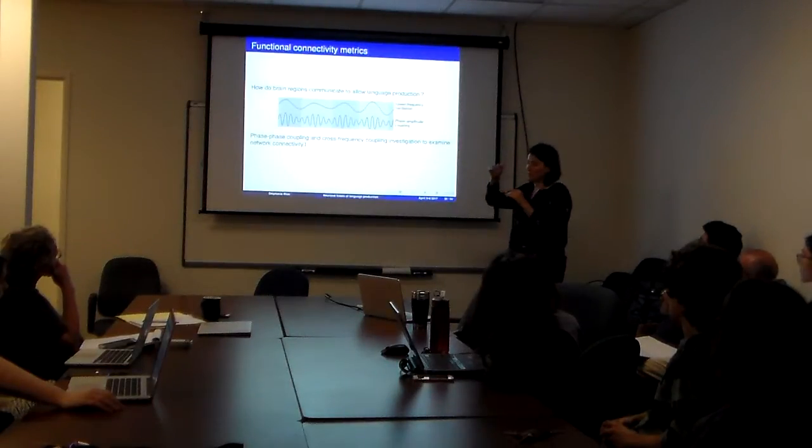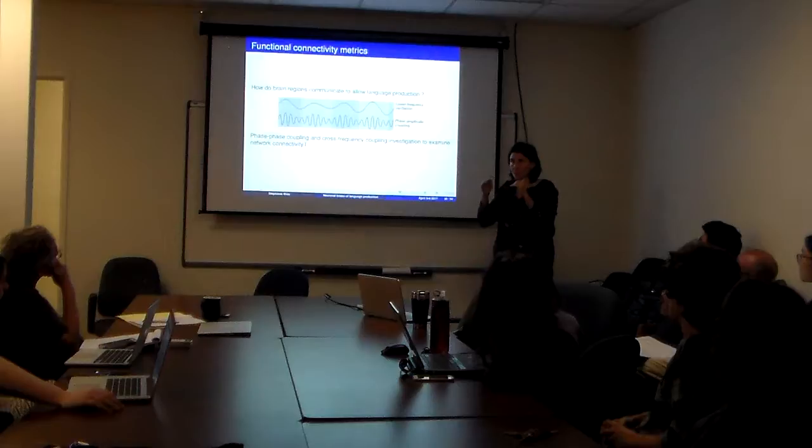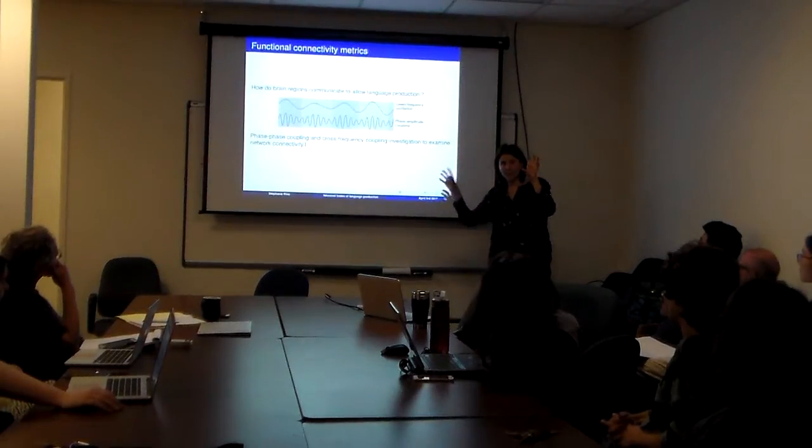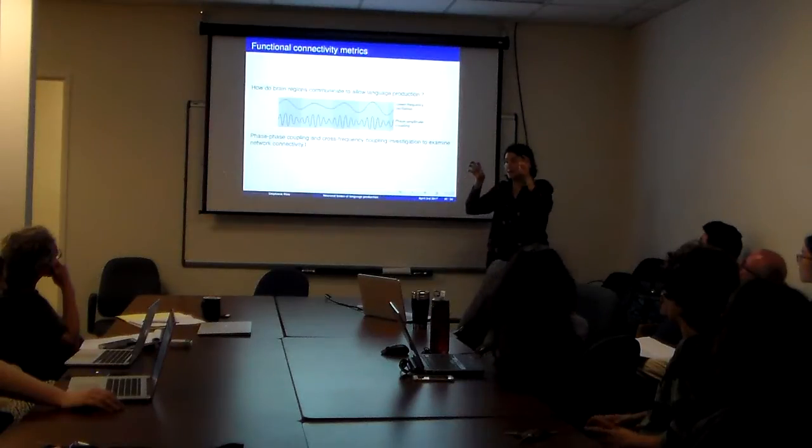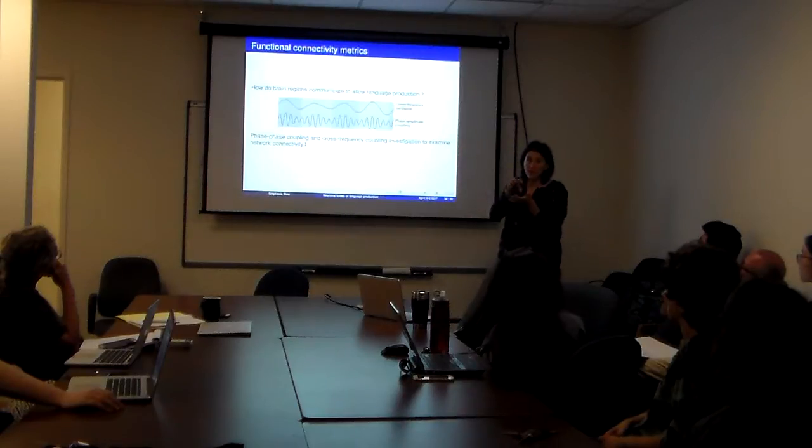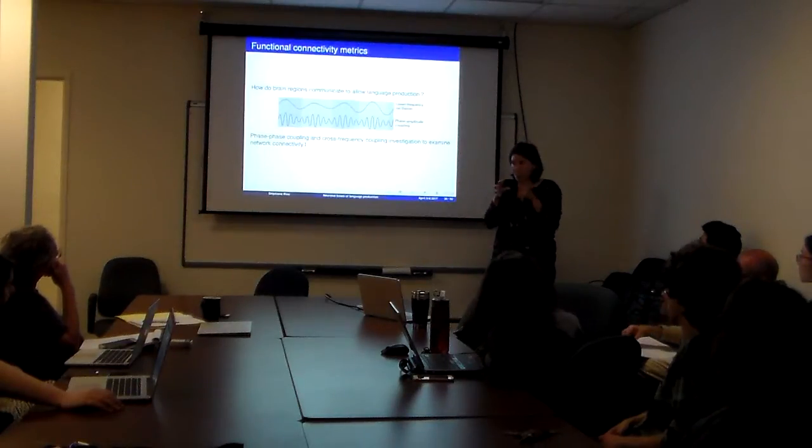So the idea is that there will be phase coupling from, say, the prefrontal cortex with the posterior temporal cortex, and that will allow long distance communication. And then locally, there'll be phase amplitude coupling with the high gamma that happens locally, right?